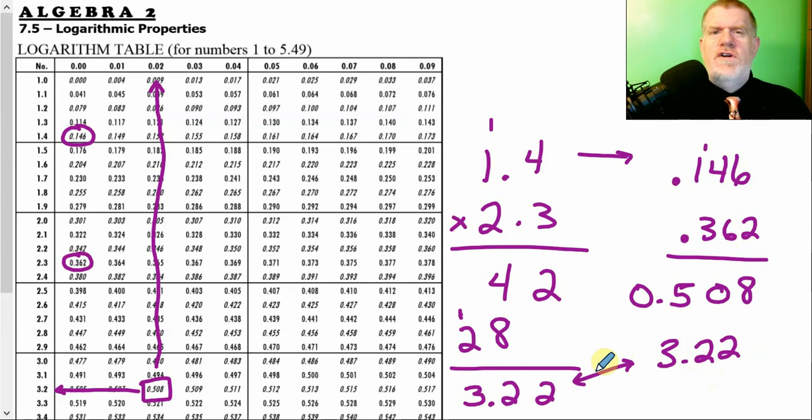So can you imagine very large numbers that are hard to multiply, 4 or 5-digit numbers by 4 or 5-digit numbers? What a pain. But if you can convert them to a log, and then add them, and then convert them back, why not, huh? And you might think, wow, that's not a lot of numbers. I mean, I can't do a whole lot.